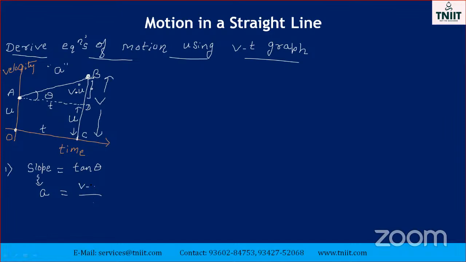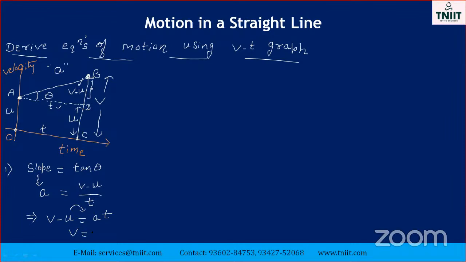So opposite is V minus U. Adjacent is T. So A is equal to V minus U by T. On cross multiplication, V minus U is equal to A into T. You shift U to the right side.